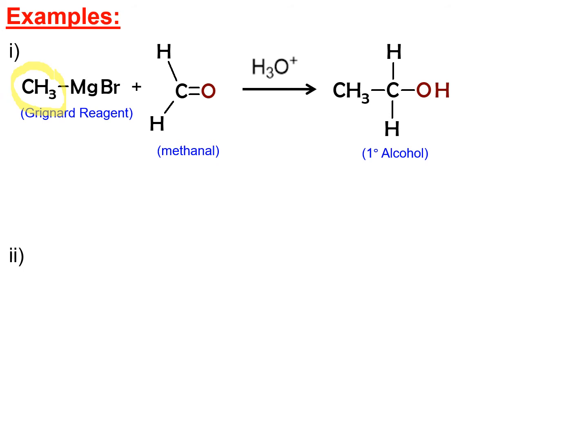So apa yang berlaku? The carbon that is directly attached to the MgBr akan bercantum dengan CH2O. Okay, kan sebab dia buat hydrolysis. Because dia buat hydrolysis, therefore, this methanol daripada CH2 double bond O ni, dia akan jadi single bond OH.